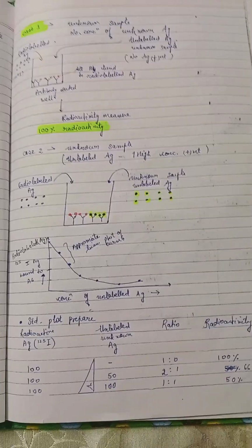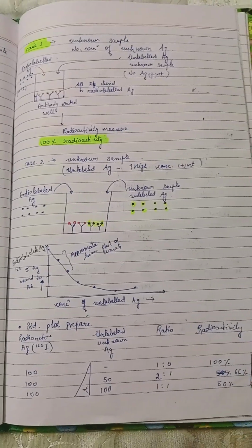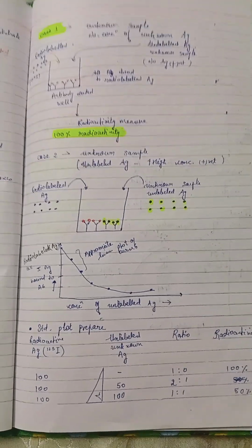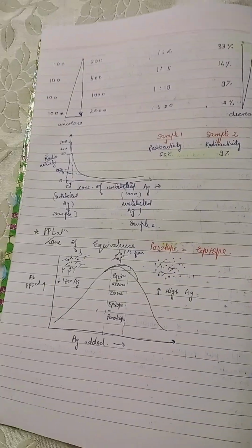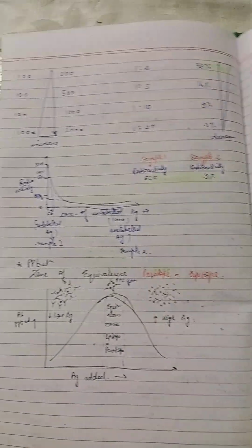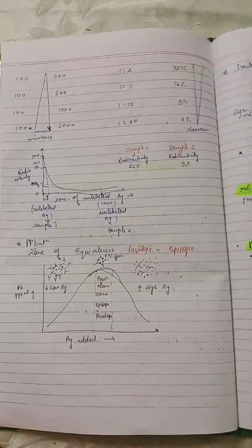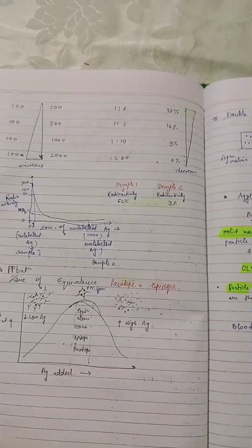With the decrease in radioactivity, there is an increase in unlabeled antigen. So this is radioimmunoassay, and I hope you liked my video and understood the concept of ELISA spot and ELISA. Thank you.